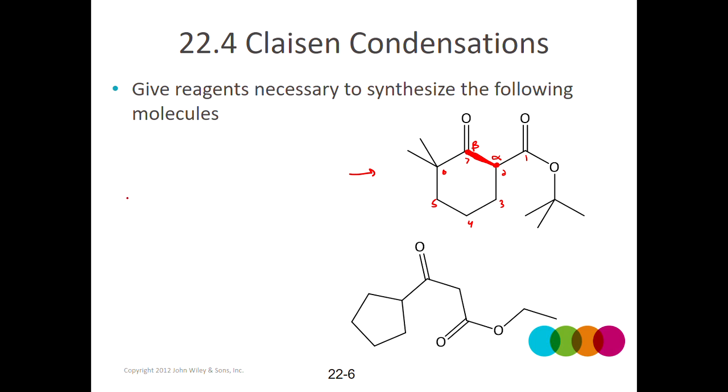So the original structure that I would have wanted to use to make this ring would have had carbon 1 with its tert-butoxy group attached to it as an ester. So that would be bonded to 2, 3, 4, 5, 6, 7, and 7. So 6 has a couple methyl groups, and 7 would have had to have been an ester.